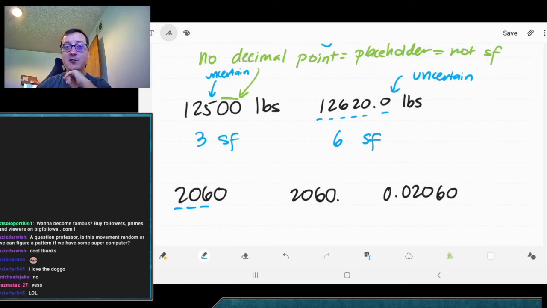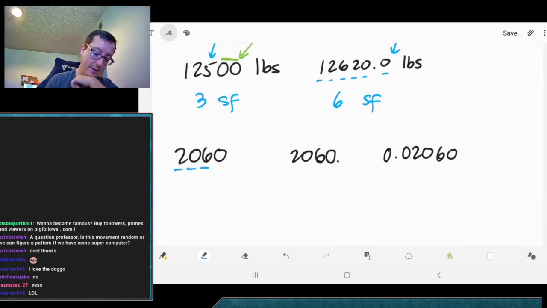We need to now search our number for a decimal point. I do not see a decimal point, which means that 0 is not significant. It's there as a placeholder. Still important for our number, but it is not a significant figure. So this one has 3 sig figs overall.